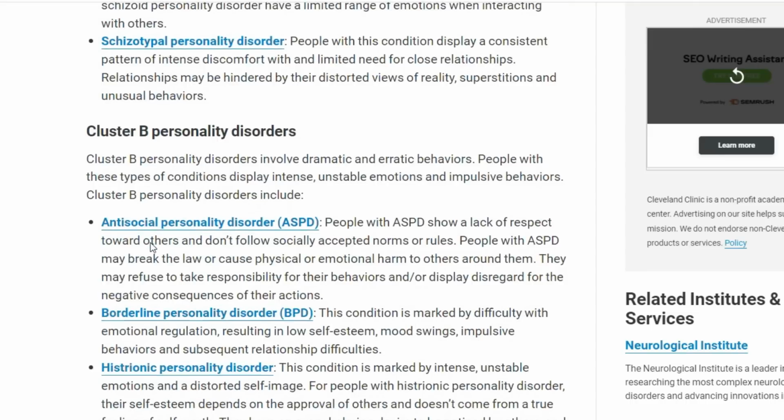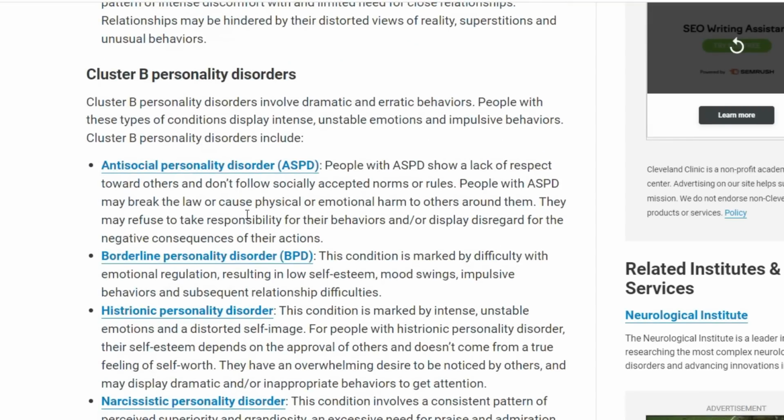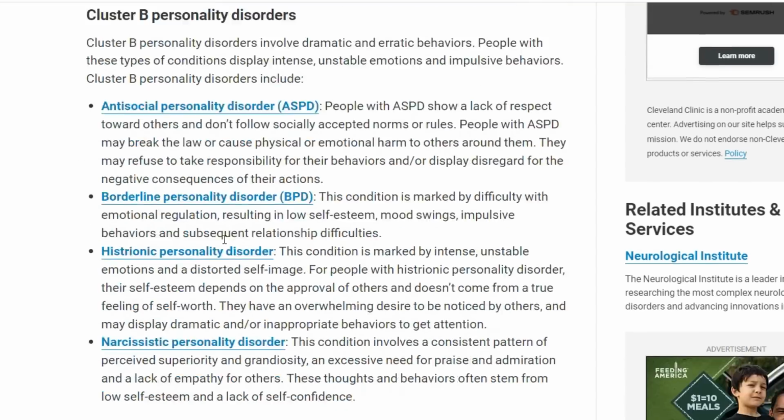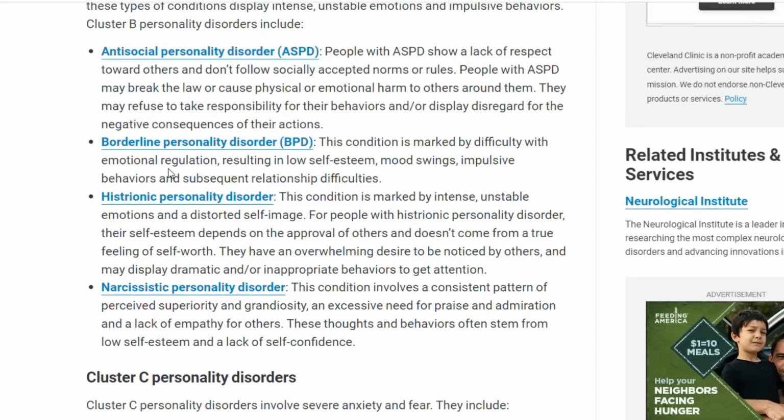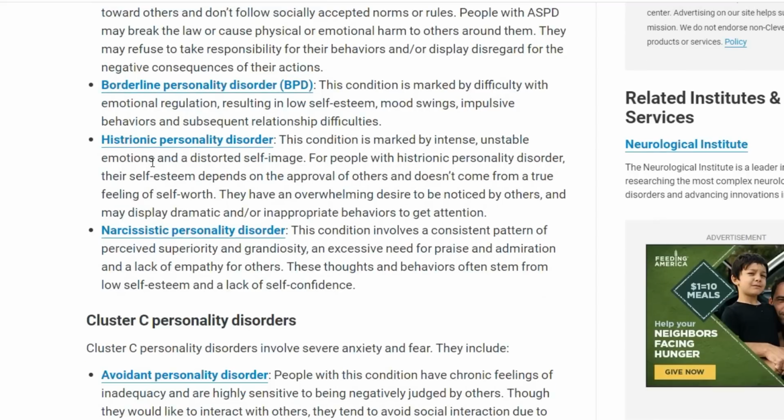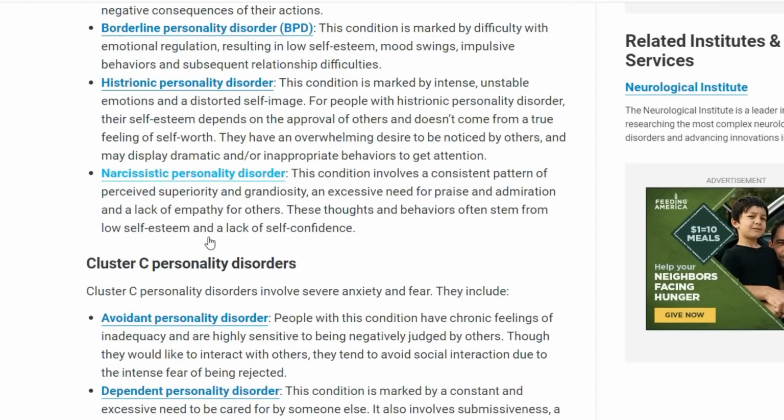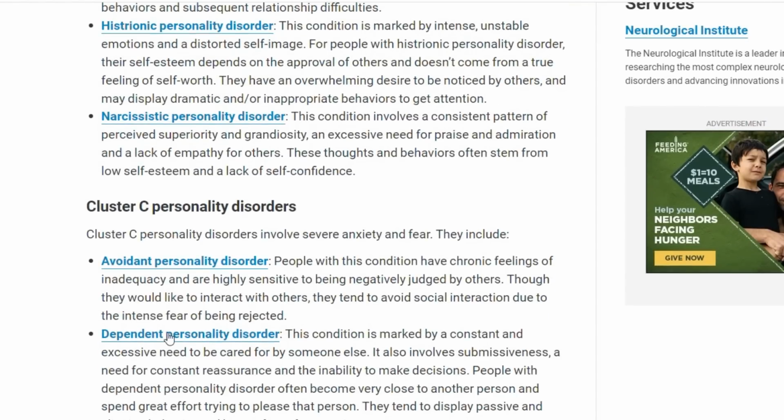But you've got cluster B, which, no, I guess borderline, it doesn't seem like much. I would say maybe narcissistic. He definitely has some of those traits from what he said.